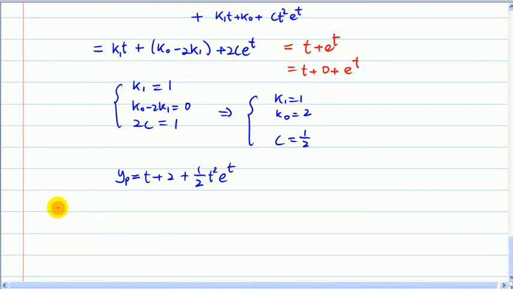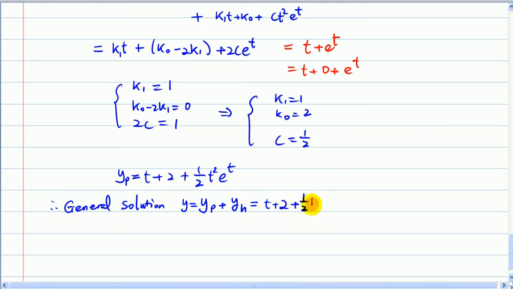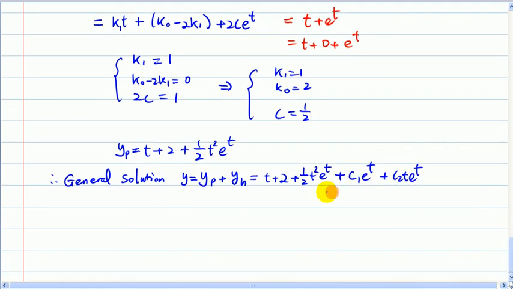Overall, the general solution is y equals yp plus yh, so just add the two terms together: C1 et plus C2 t et. So that's the general solution here.